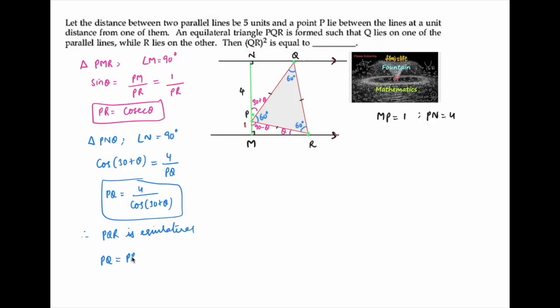PQ is equal to PR, that is 4 upon cos of 30 plus theta is equal to PR value, cosecant theta, that is 1 upon sin theta. Or we can write 4 times sin theta is equal to cos of 30 plus theta.